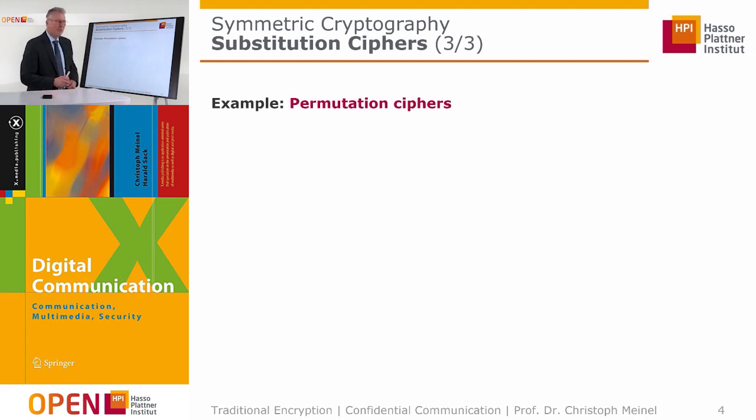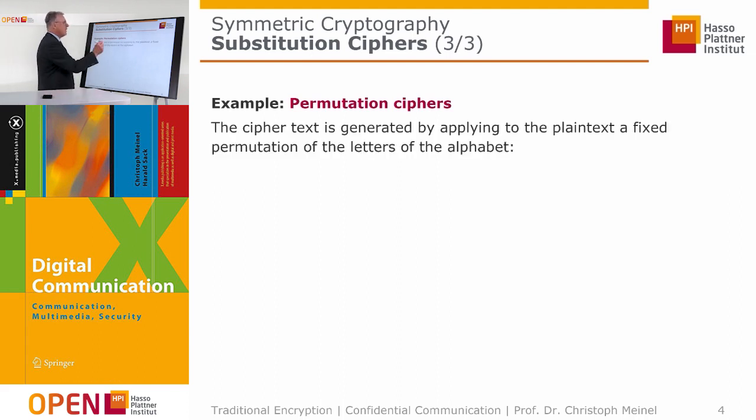Another substitution cipher is the so-called permutation cipher. In the permutation cipher we have a table with the alphabet, and then below each letter there is another letter of the alphabet. So we can mix it as we like. Important is that we have our 26 characters and 26 other characters.